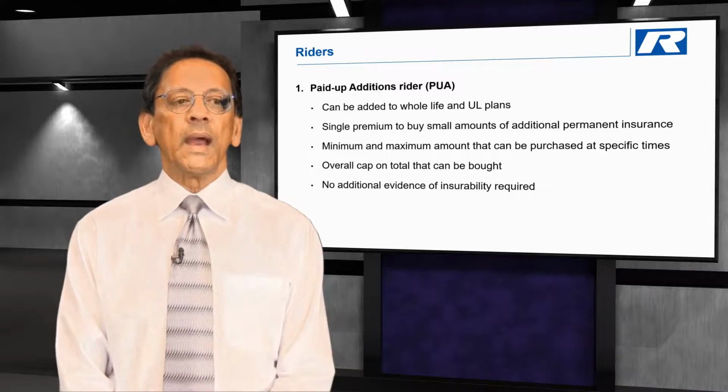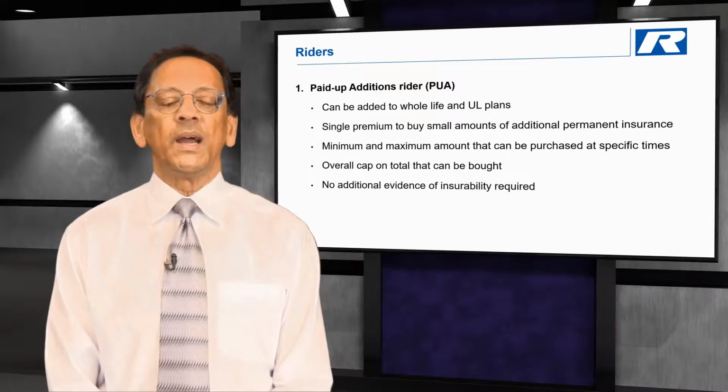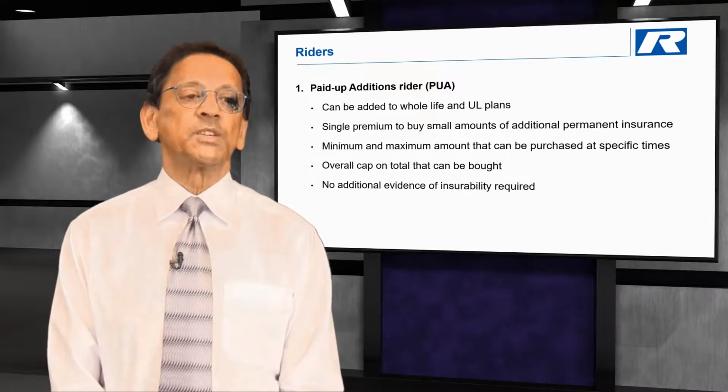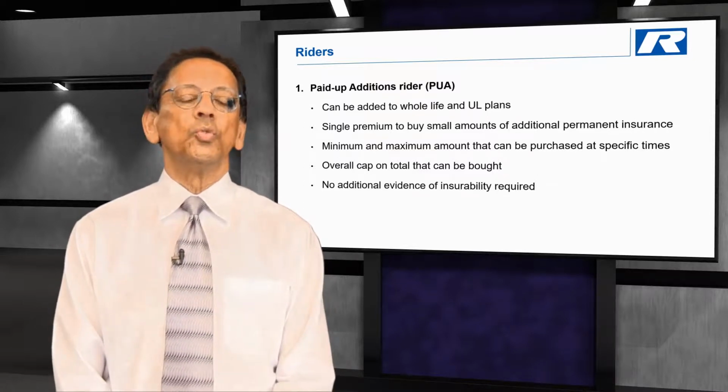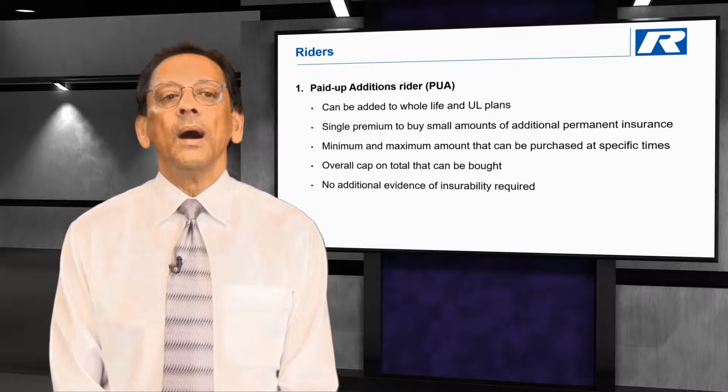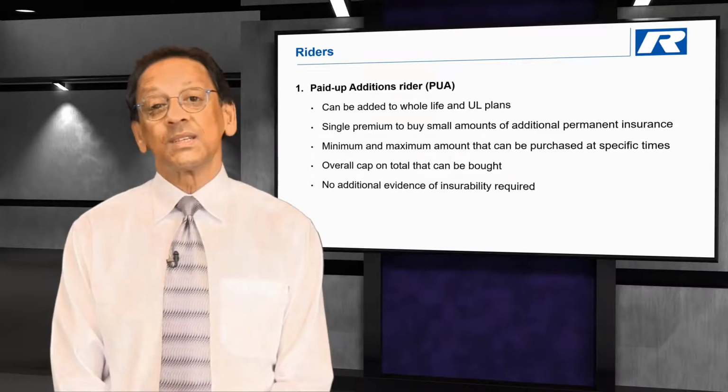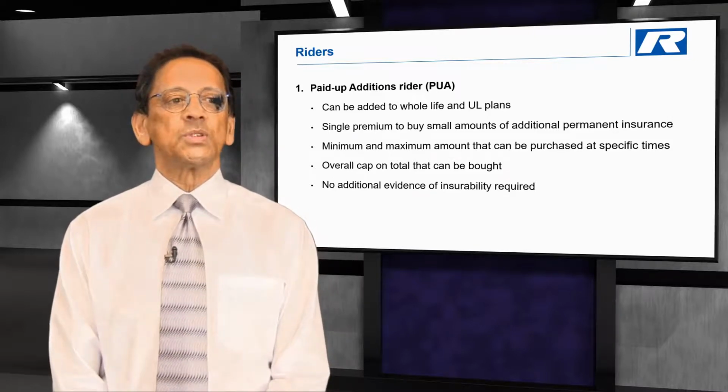So it can be added to whole life and universal life plans, although I would say in my experience, I have never seen a paid up additionals rider added to a universal life plan. Nevertheless, according to the text, these are options that are available.